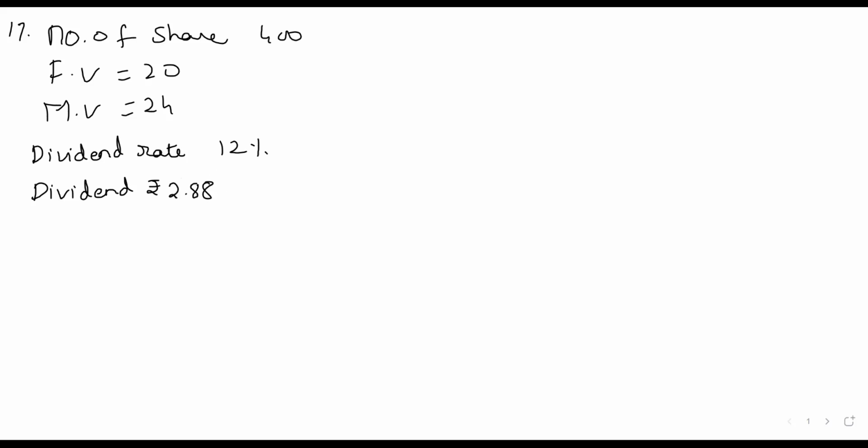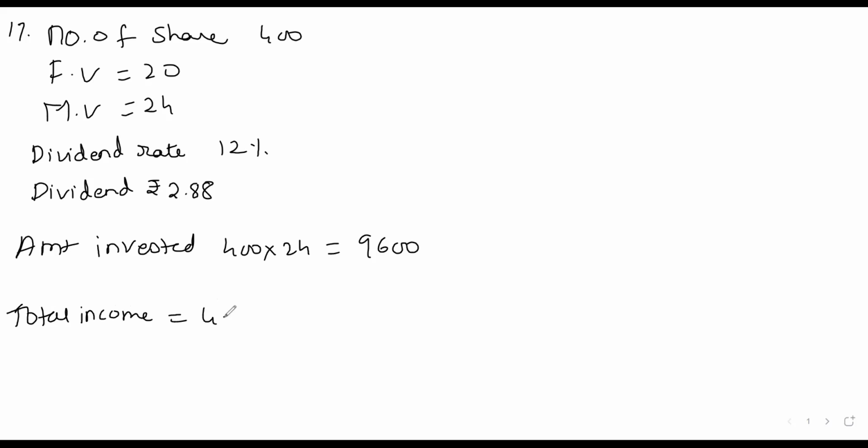Amount invested by Bhargav, we want to find out. So amount invested will be 400 into 24, it is 9,600. This is the total investment. Second is his total income from the shares. So dividend is 2.88.